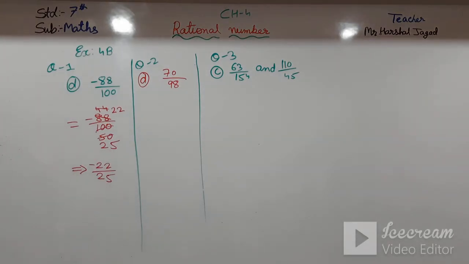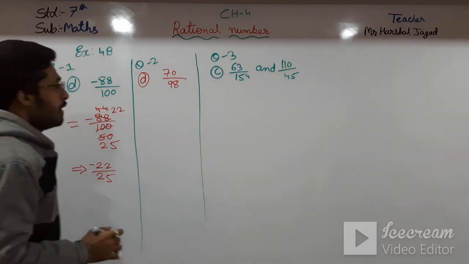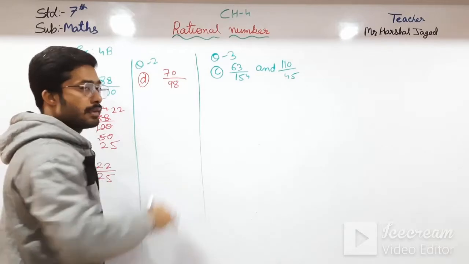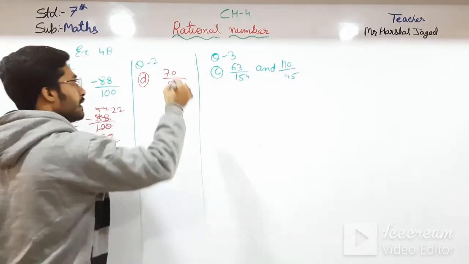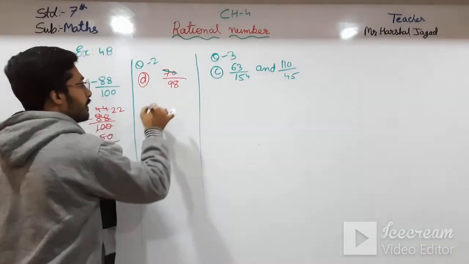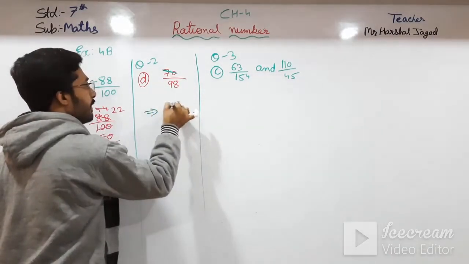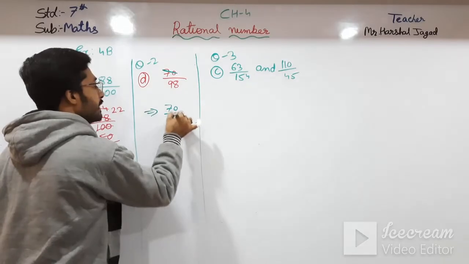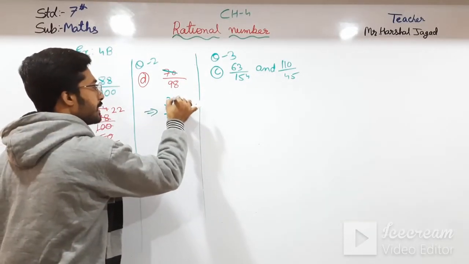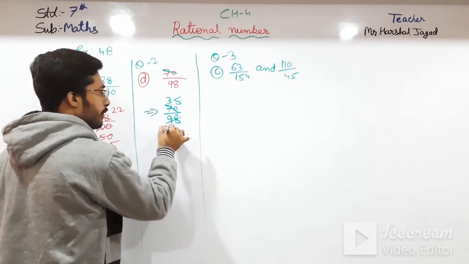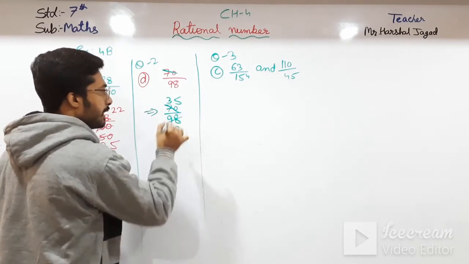Okay students, in question number 2, which of the following are in the simplest form? See here, if we can cut each other, then it is not in its simplest form. So here I am just writing it again, 70 by 90. Both can be cut by 2. So 2 3s are 6, 2 5s are 10, 2 4s are 8, 2 9s are 18.